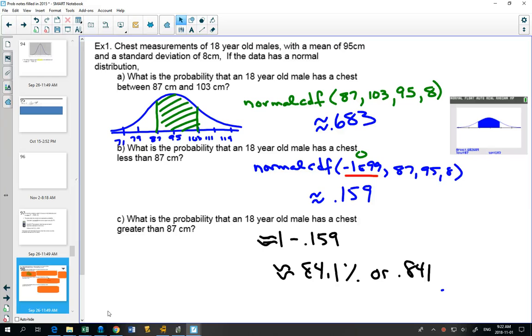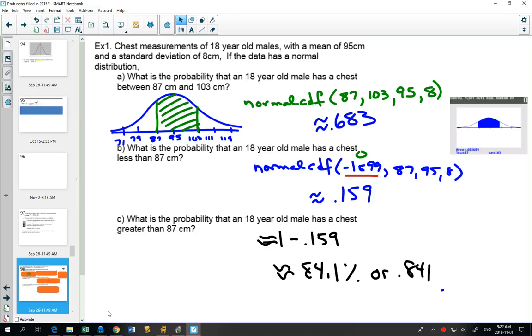Where is 99.7% of our data? Plus or minus 3 standard deviations. So even at 71, our answer would be very similar. But at 71, our percentage might be off a little bit.